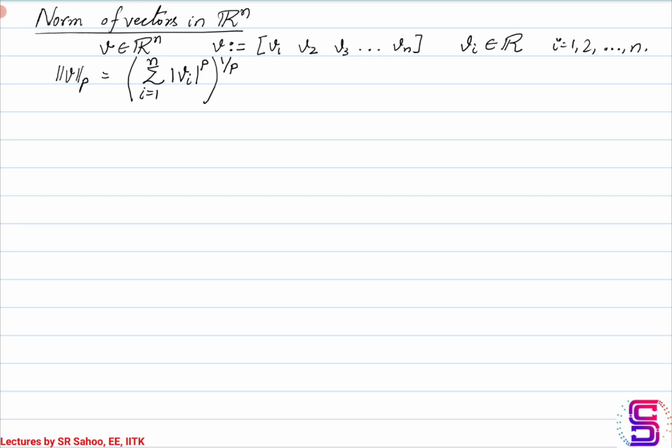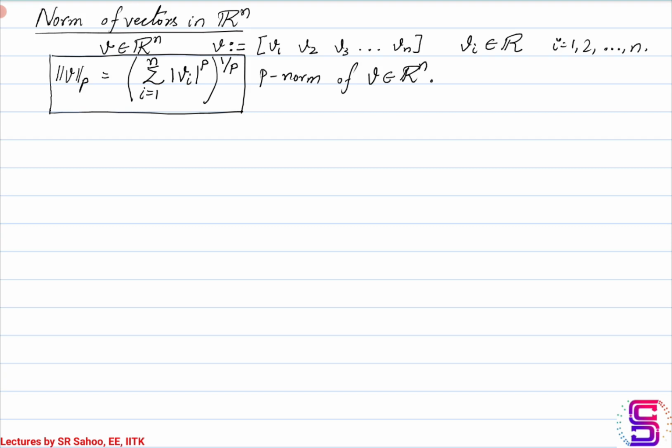So this is your p norm of a vector V in Rn.